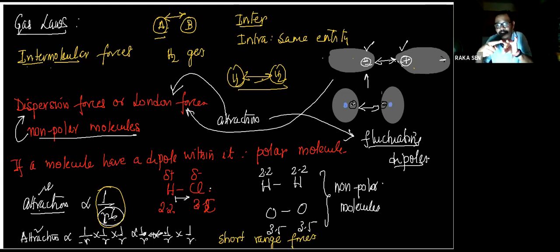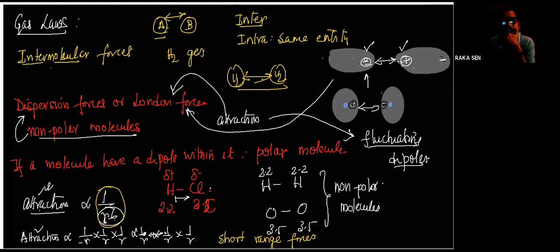The direction of the dipole here will be in this direction. I have a positive center in this molecule and a negative center in this molecule. There will be a charge separation, and attraction will be there. That attraction is called the reason for London forces.